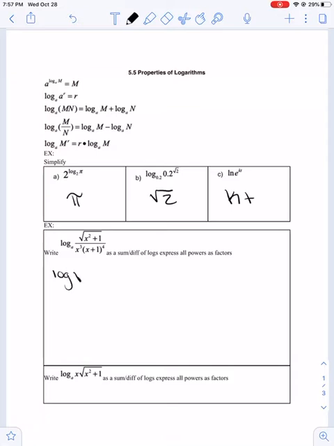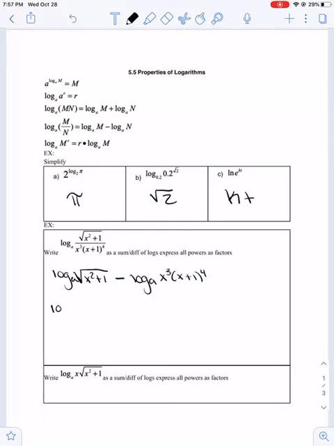So I'm going to have log base a of the square root of x squared plus 1, minus log base a of x cubed times x plus 1 to the 4th. I'm noticing that second part, the log base a of x cubed times x plus 1 to the 4th, is multiplying.